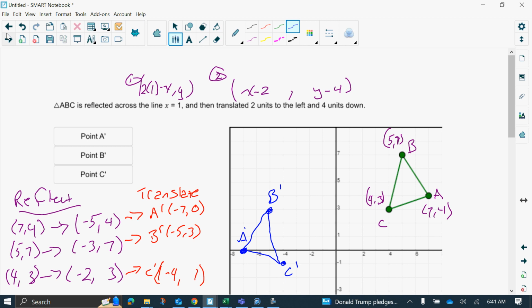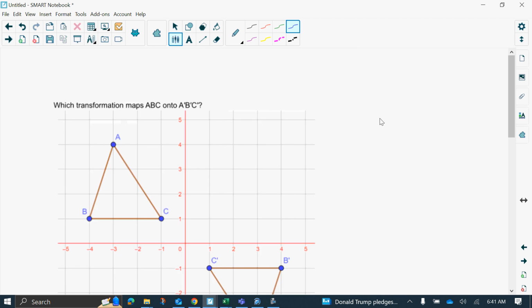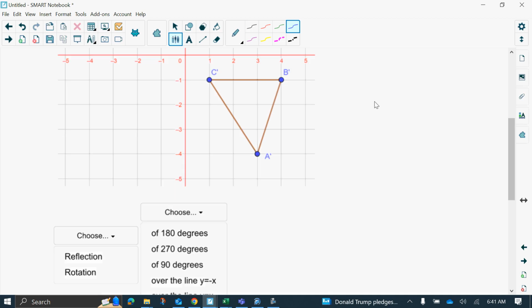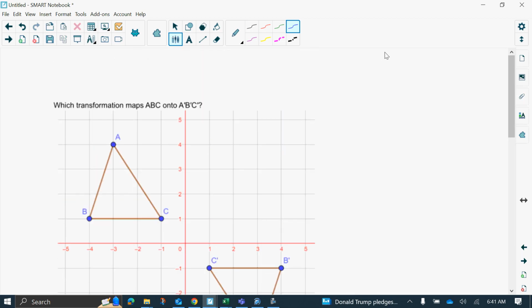Number 6, we go to the next page. Now, which transformation maps A, B, C onto A prime, B prime, C prime? Okay. Well, this is at negative 3, 4.